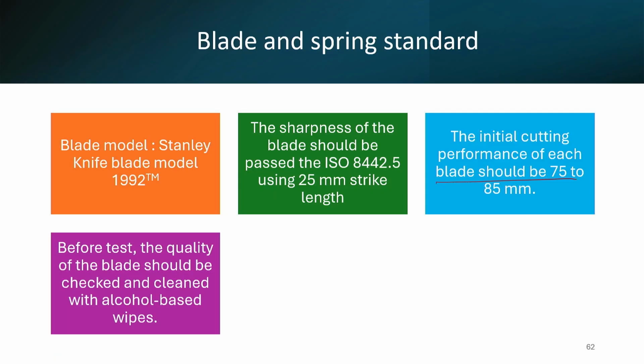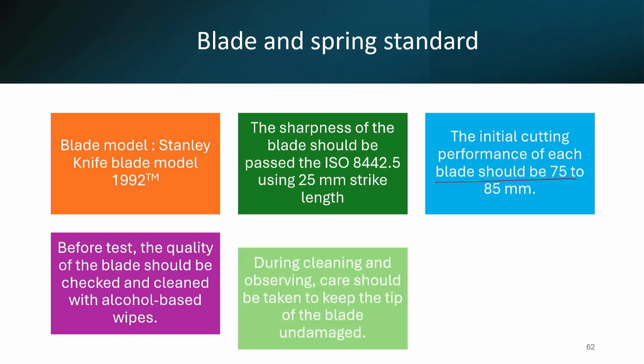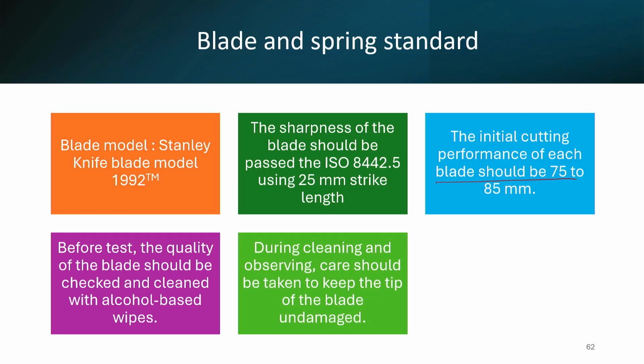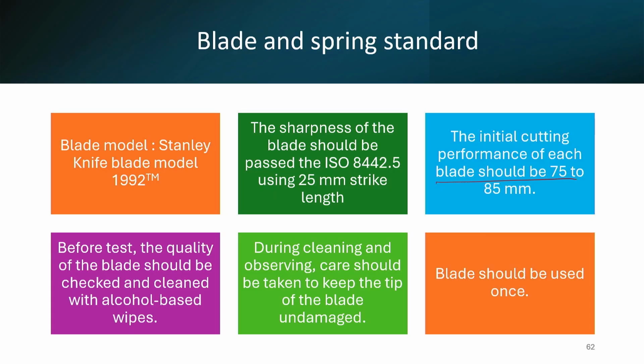Before the test, the quality of the blade should be checked and cleaned with alcohol based wipes, similar to cut resistant testing. During cleaning and observing, care should be taken to keep the tip of the blade undamaged, because that is the point used for slashing. The blade should be used only once, like in cut resistant testing, otherwise there will be a blunting effect.